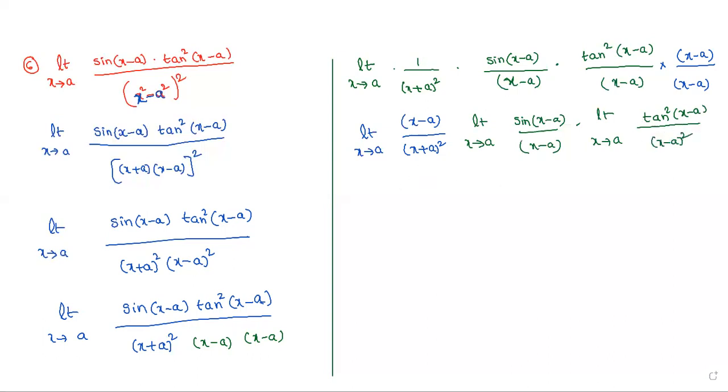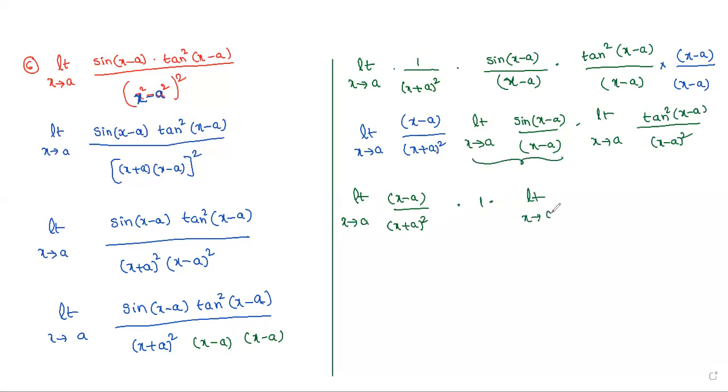Apply limit x tends to a to (x − a) by (x + a) whole square. Sine of (x − a) by (x − a) is a formula, and its value is 1.